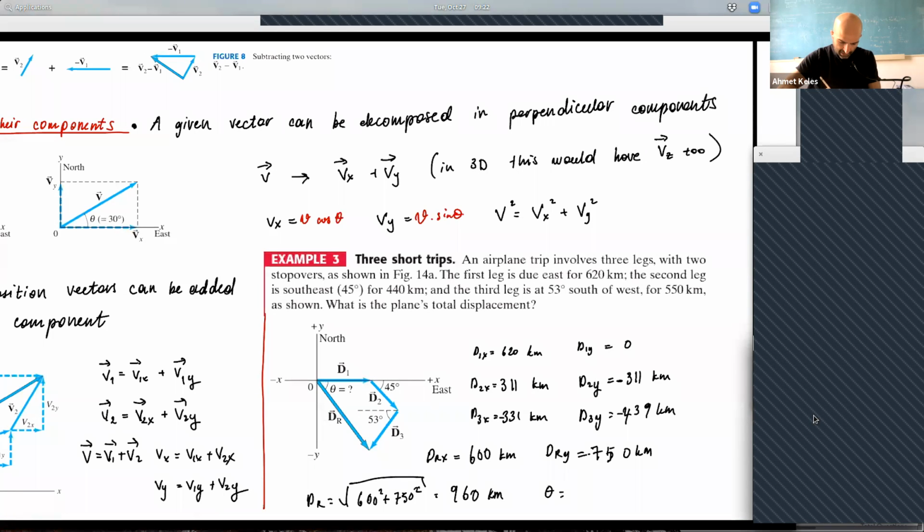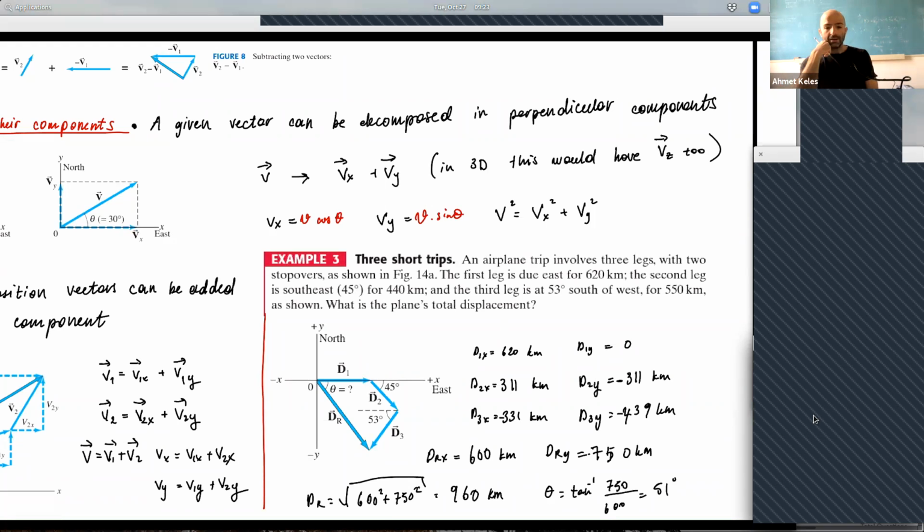Theta is tangent to the minus 1 of 750 divided by 600, which is equal to 51 degrees.